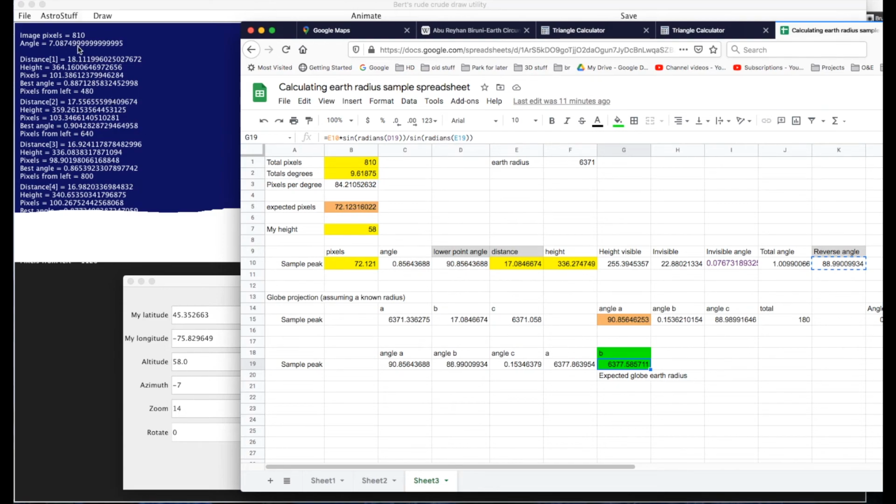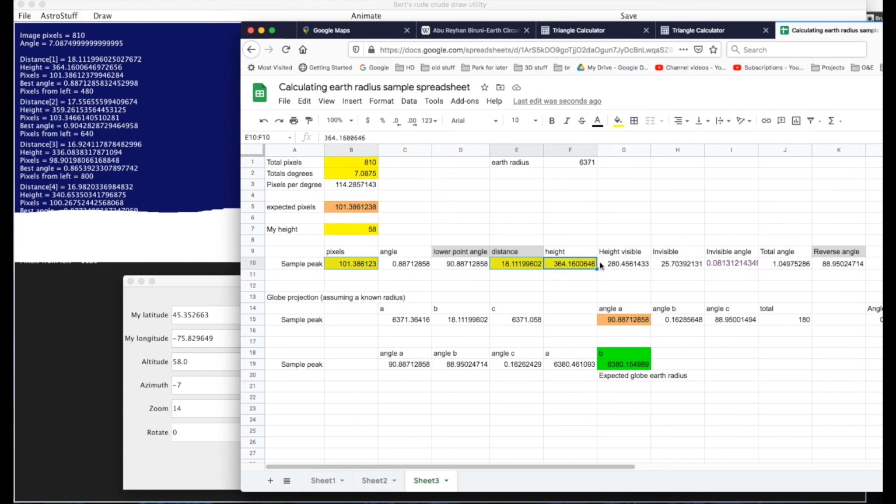So at this zoom level, 810 pixels represents 7.0875 degrees. My height happens to be 58 meters above mean sea level. And if I pick one of these, let's say I was able to measure 101.386123 pixels above horizontal, and the distance to that point was 18.11199602, and the height of that hill happened to be 364.1600646 meters.